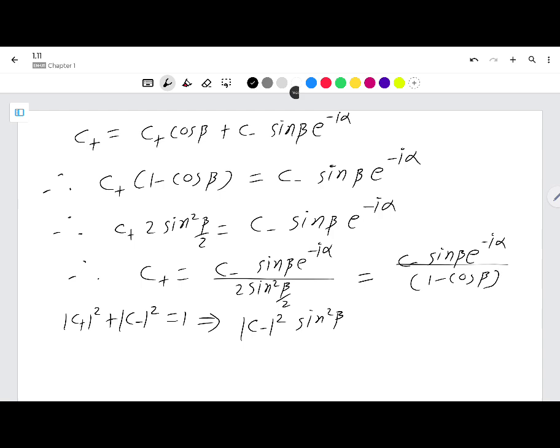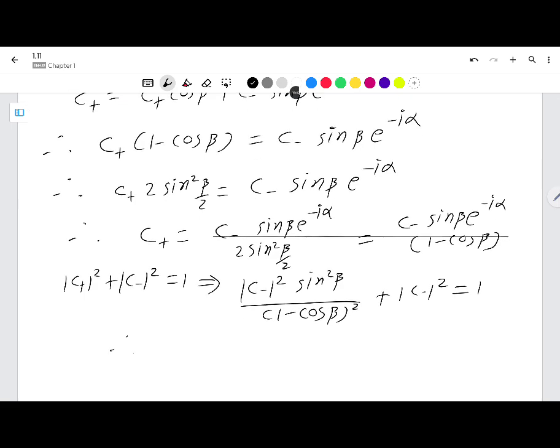So that will give us 1 minus cos beta whole square plus the whole square is equal to 1, and it will be sine square beta plus 1 minus cos beta.